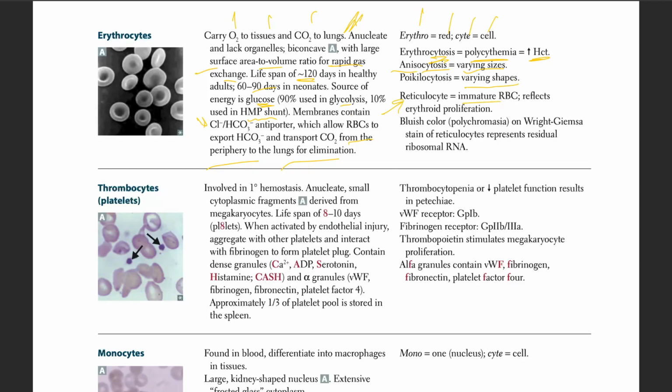Reticulocytes are the immature RBCs that reflect the erythroid proliferation. Bluish color, polychromasia, or on the right, Giemsa stain of reticulocytes, represent residual ribosomal RNA.